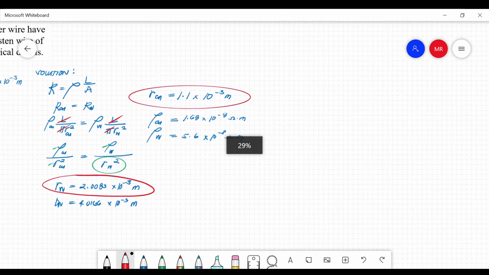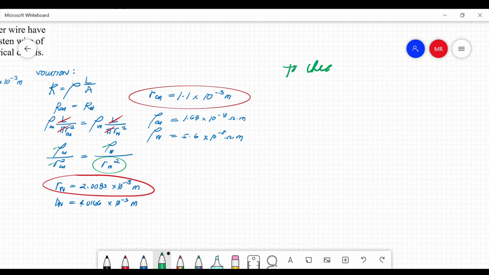Let's try to check. Just for the sake of checking, we check if we'll get the same values for the resistances. The resistance of the copper will be rho copper, length of copper, over cross-sectional area of copper.